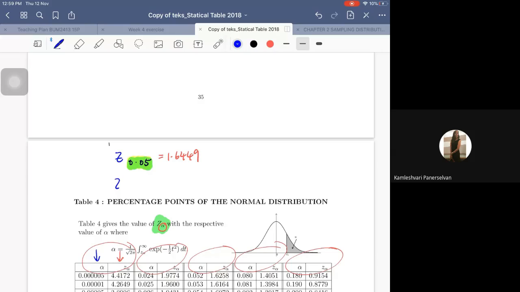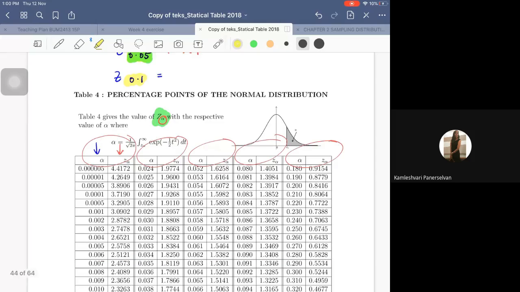Or if I were to give you another example, let's say now we wanted to find Z 0.1. It's going to be the same idea. First of all, I'm going to find the position of 0.1 for the case of alpha.